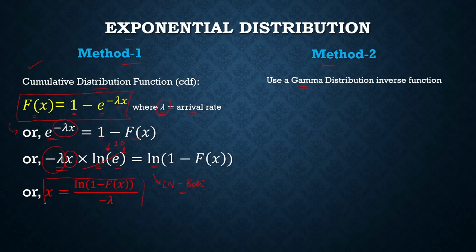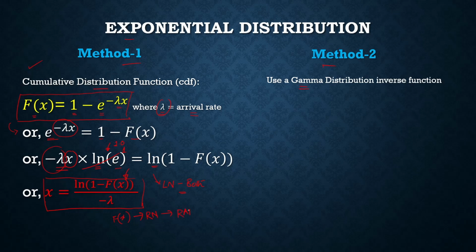We will use this expression to find the value of x given the value of fx. Now remember, what is fx? In all our simulation exercises, fx is always our random number, Rn.